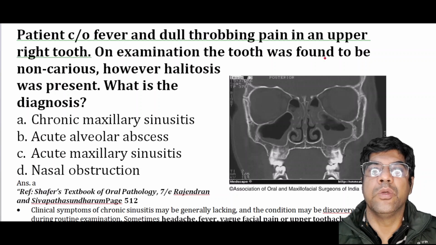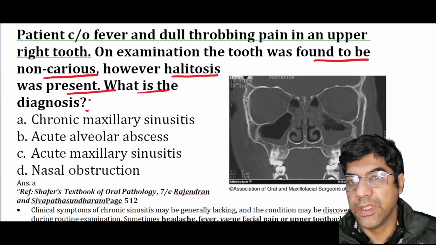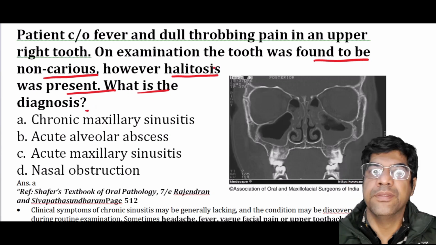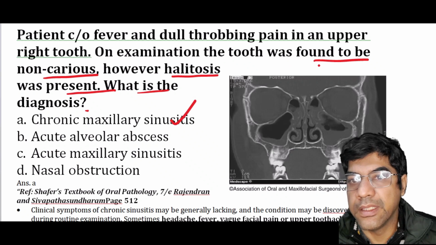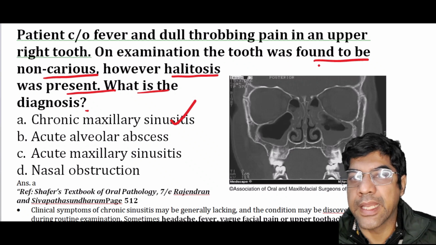The patient complained of fever and dull throbbing pain in the upper right tooth. On examination, the tooth was found to be non-carious. However, halitosis was present. What could be your diagnosis? Well, the answer is chronic maxillary sinusitis. Chronic sinusitis has mild clinical symptoms and can be discovered during routine examination.